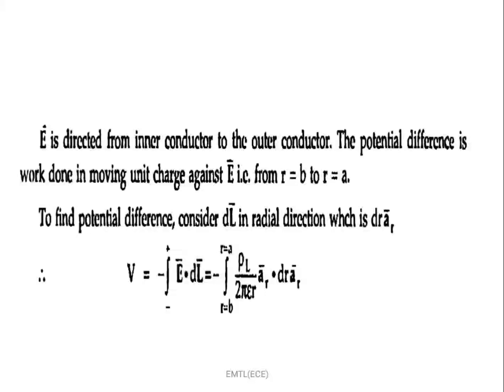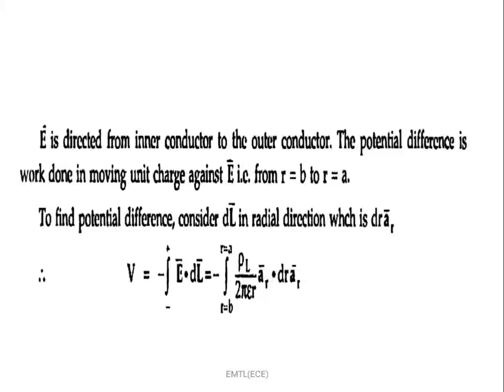The expression for dl in the case of a cylindrical coordinate system is dr AR bar. Here we have to take only the radial component. We cannot take the theta and phi variables. Why? Because the electric field intensity varies only along the radial component.